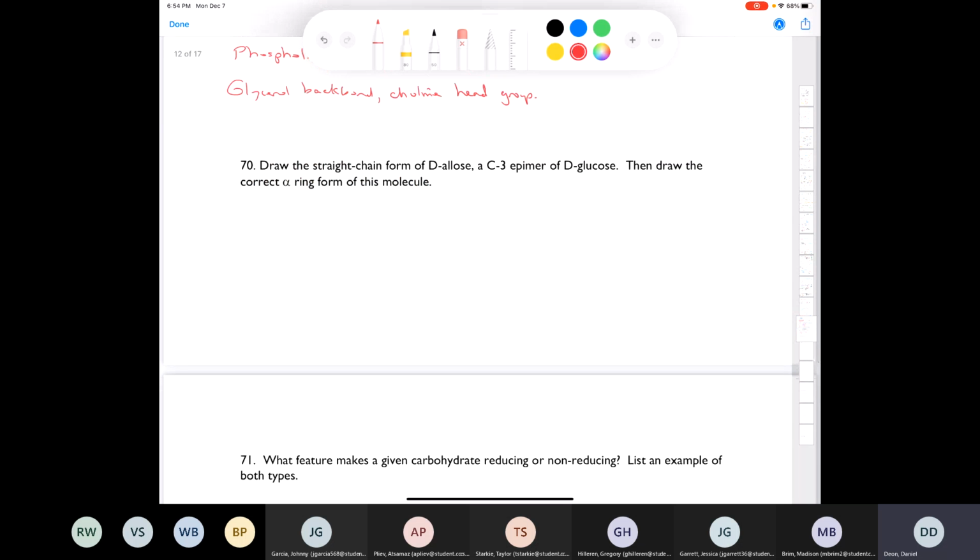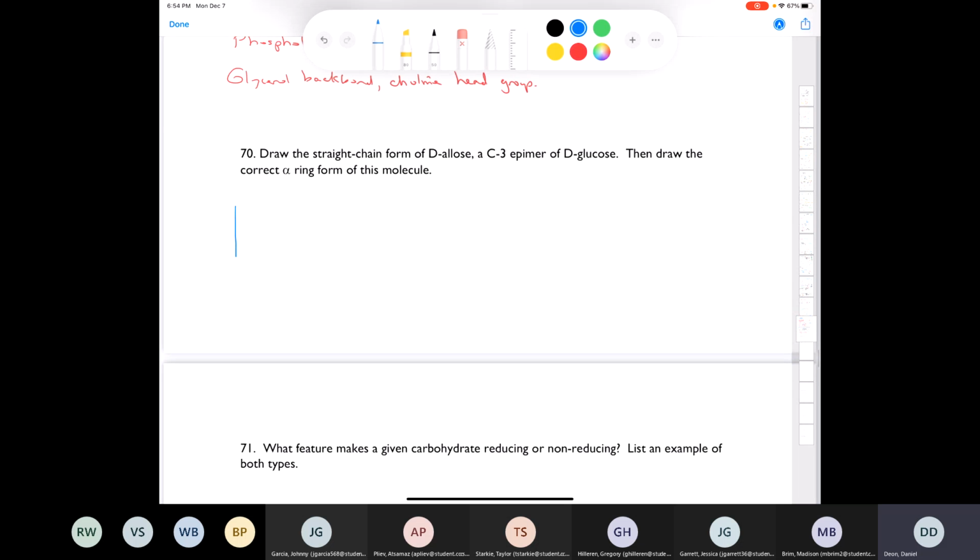Draw the straight chain form of D-allose, the C3 epimer of D-glucose. Then draw the correct alpha ring form of this molecule. So let's start by drawing D-glucose.